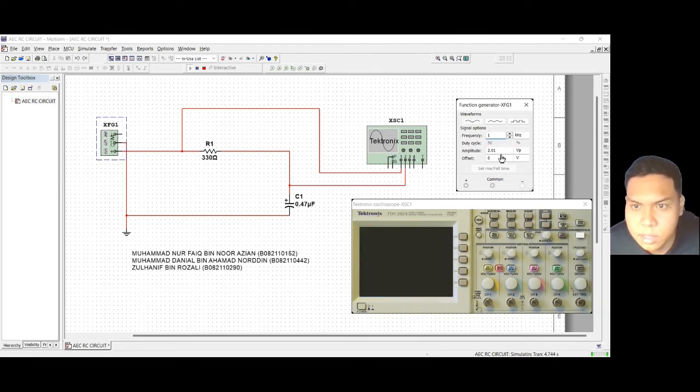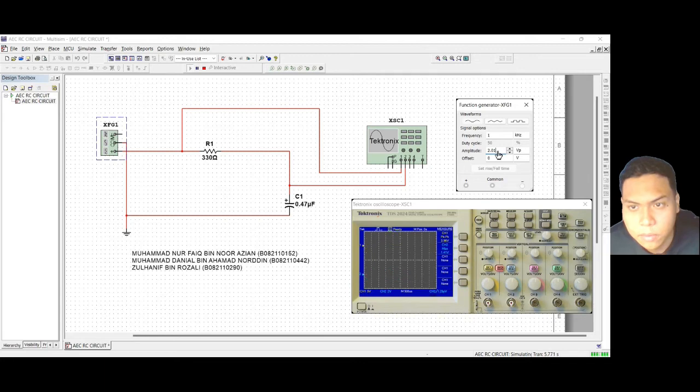So what we need to do is simply click at the amplitude and then adjust the value of the amplitude in the function generator above until we get channel 1 to 4 volt peak to peak. After we got the 4 volt peak to peak value in channel 1, the value on channel 2, which is V out, is the one that we need to insert in the previous table 1. So that's all.